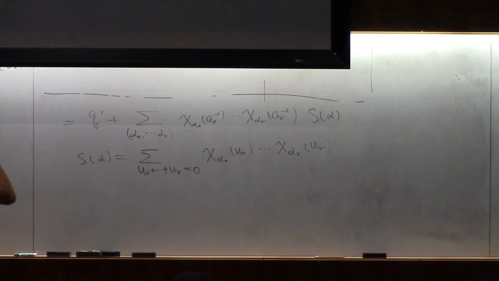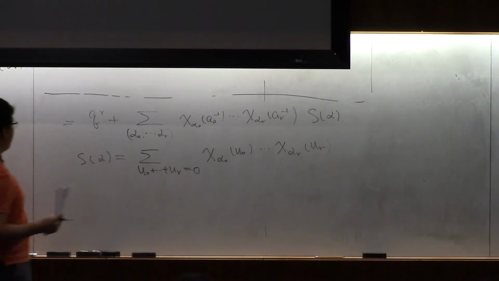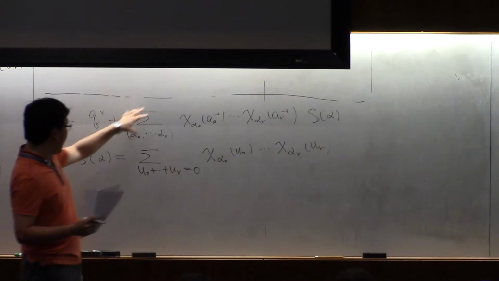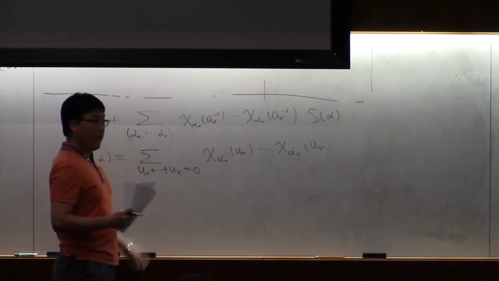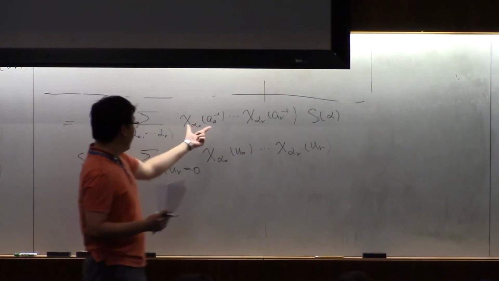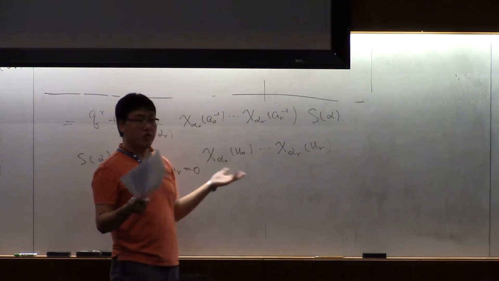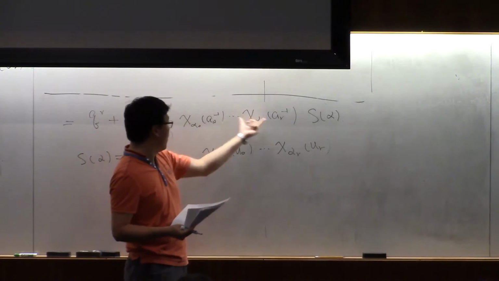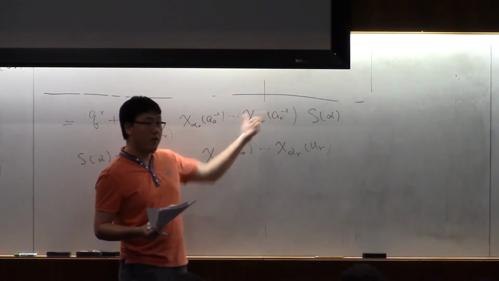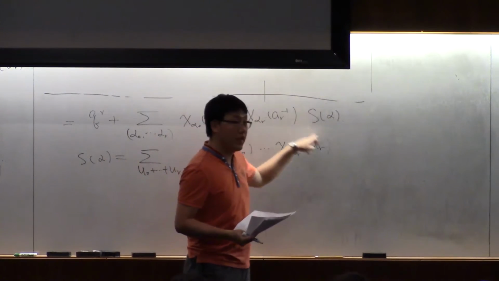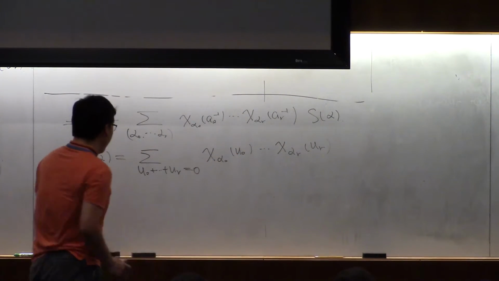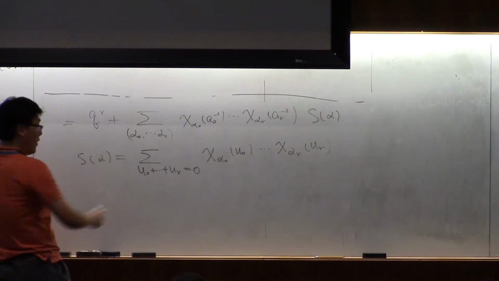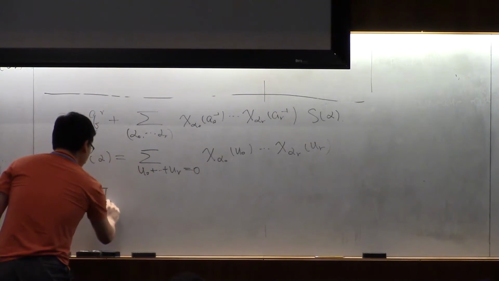In other words, this is the thing we want to compute. We show that this number is q to the r plus a summation. If you analyze each of these summands, these numbers are just some roots of unity, so the absolute value for each of these numbers is 1. Then the remaining part is this S alpha, and this sum is called the Jacobi sum.